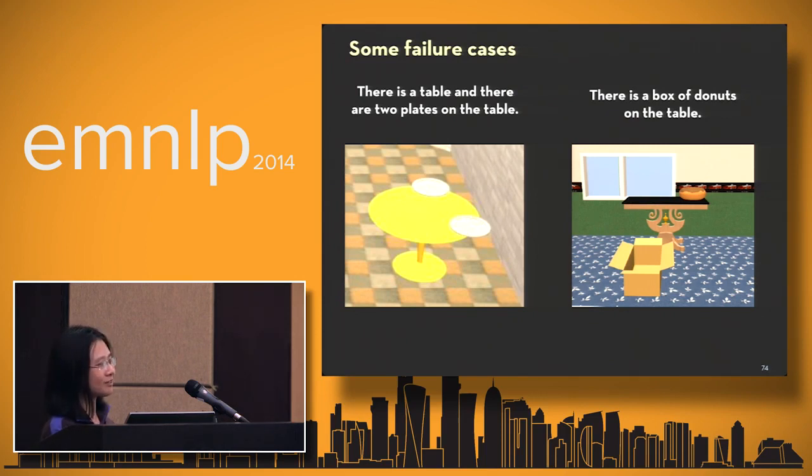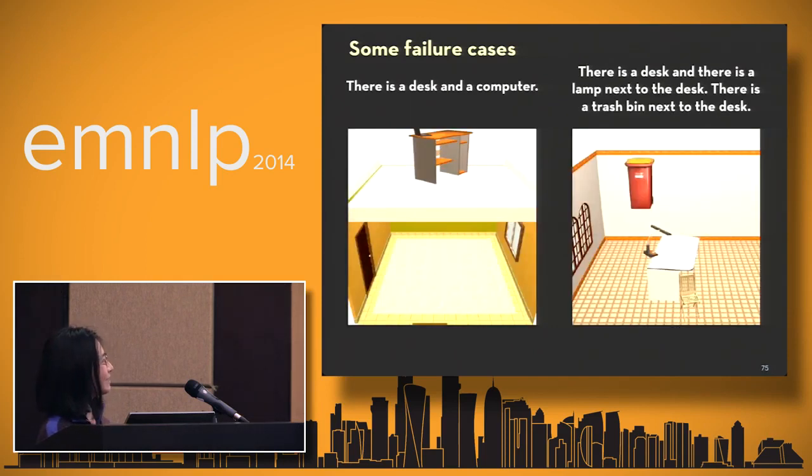There are no donuts in our box. Instead, there's one huge donut on the table. So it's challenging. And then there are some other failure cases where we put a desk on the roof. Desks don't go on the roof. And there's a trash can just clinging to the wall. So this is a hard problem.